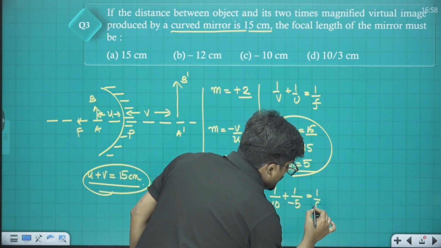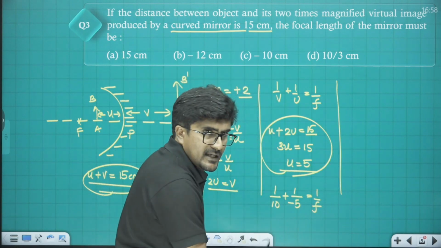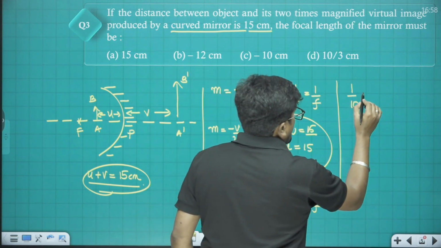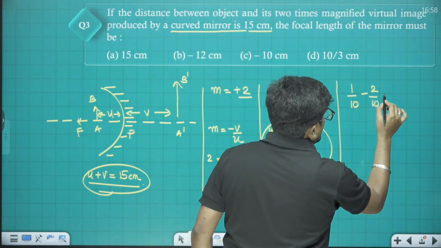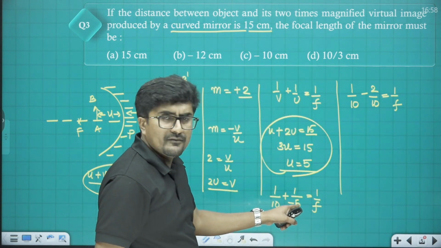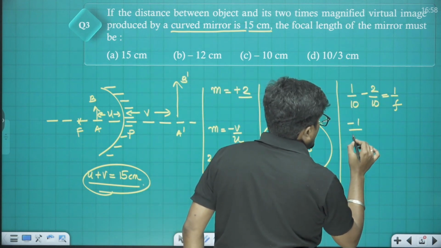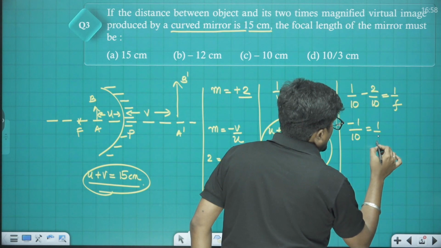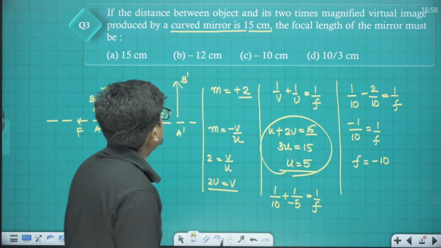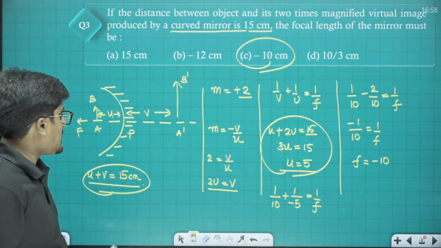That should be equal to 1 by F. Now, rearranging this expression, I can say that 1 by 10 minus of 2 by 10 is equal to 1 by F. Nothing, multiplying this with 2 and dividing with 2. That's all. So here this is going to be 1 minus 2, minus of 1 by 10, equal to 1 by F. So F is equal to minus of 10, which means option C needs to be the correct answer. All the measurements are in centimeter.